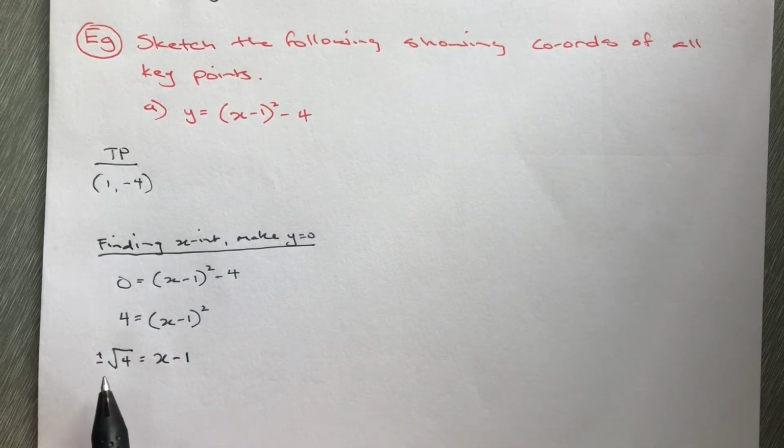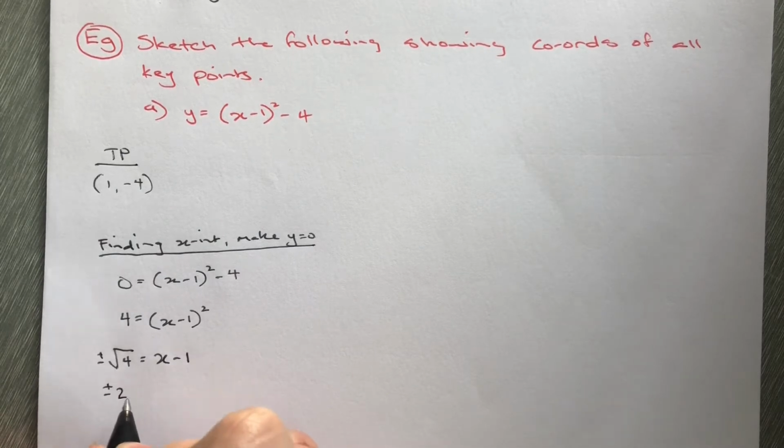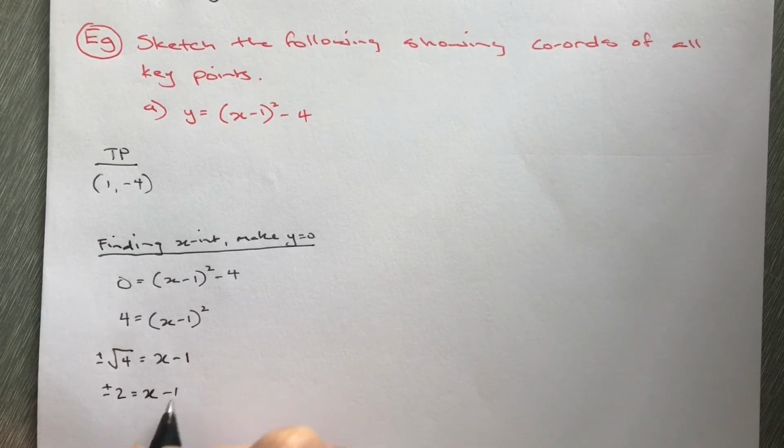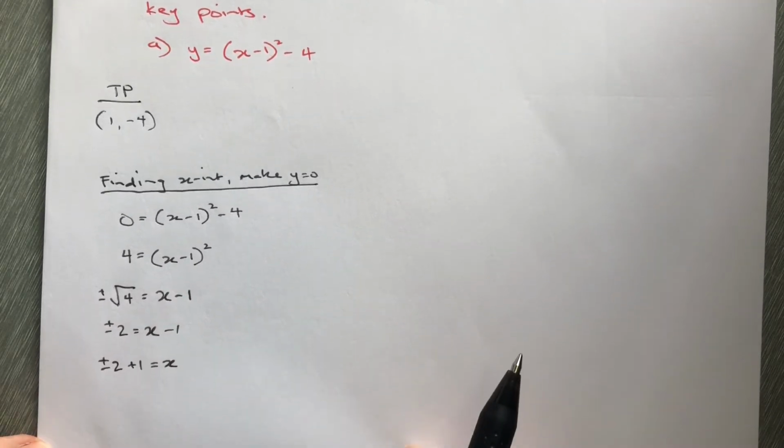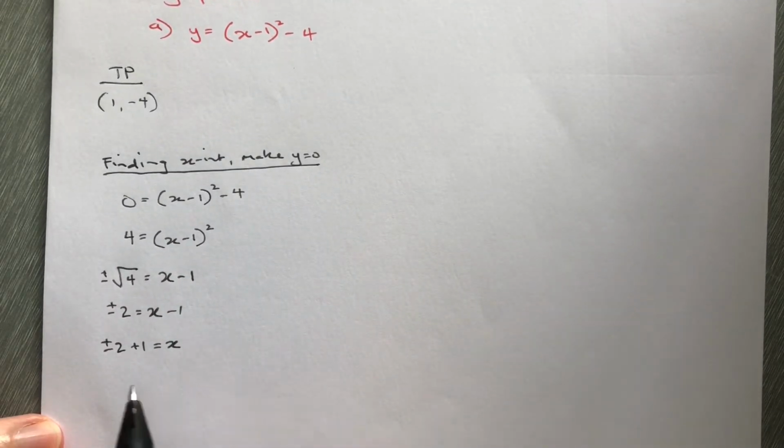Okay, so over this side, we've got square root of 4, which is 2. So over this side, we've got a positive and a -2, and that equals x minus 1. We want x by itself, so we need to move that 1 over. So that gives us plus or minus 2 plus 1 equals x. Let's break this up into two different sums, which we should really have.